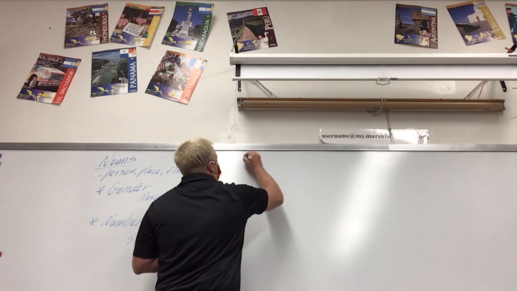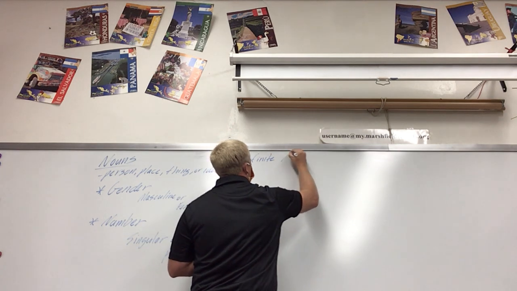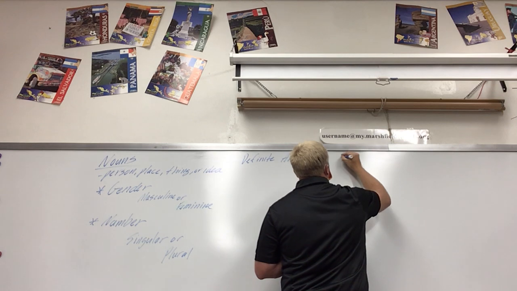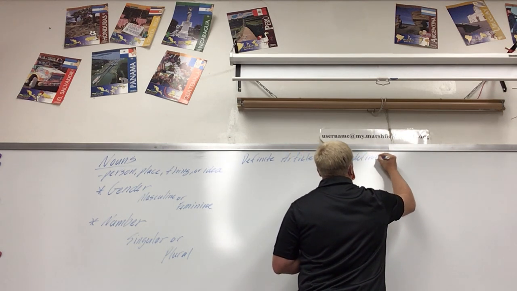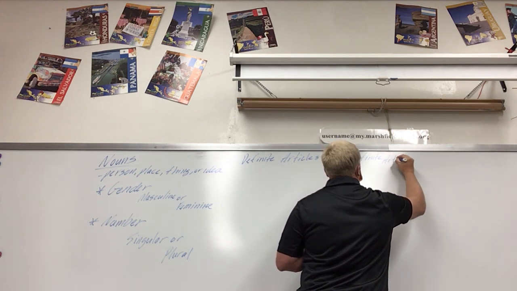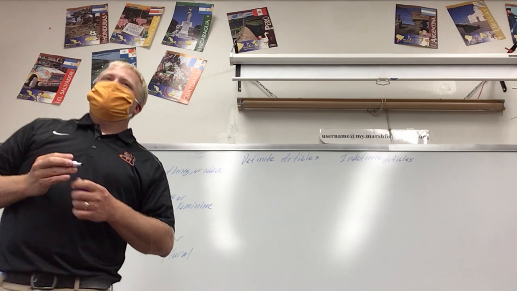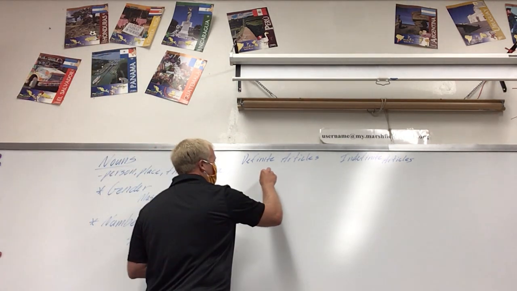So before we get into nouns a little bit more, we're going to talk about different articles. We have definite articles and indefinite articles. Definite and indefinite. Okay, because we have 4 types of nouns, we have 4 types of definite articles.